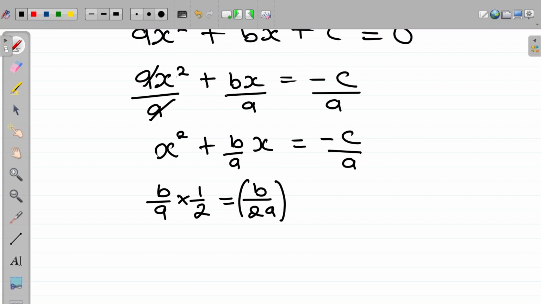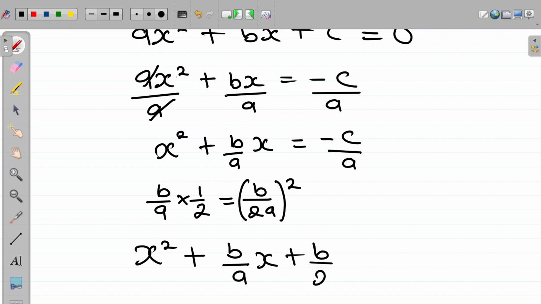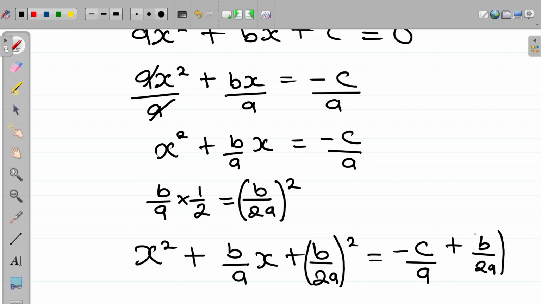Our equation becomes x squared plus b divided by a x plus b divided by 2a all squared equal to minus c divided by a plus b divided by 2a all squared.